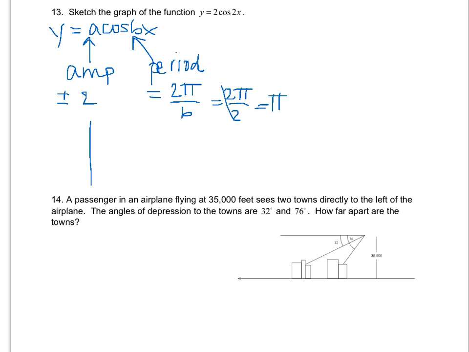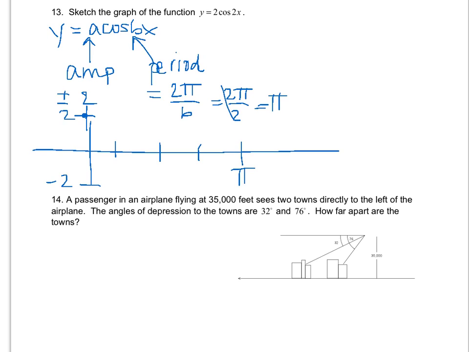So let's see if I can get a cycle going here. Normally a cycle would be every 2 pi radians because b is usually 1, but since b is 2, for every 2 pi radians I have 2 complete cycles of the cosine wave. So if I label one complete cycle as going through pi, you'd break this into four pieces, and I've got a height of 2 and a depth of 2.